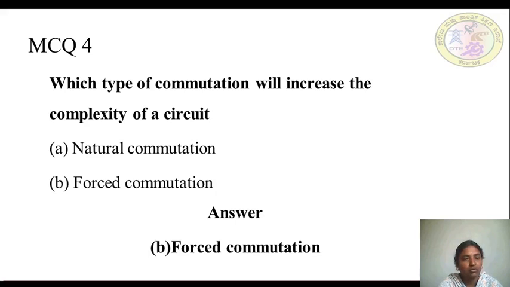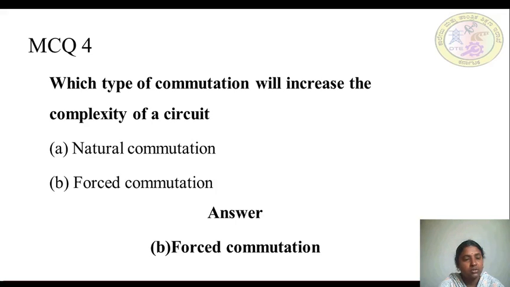But if we go with forced commutation, where external components have to be provided for turning off of an SCR, so we need the forced commutation method. Only due to these L and C components present in the circuit, the complexity of the circuit is going to increase in case of the forced commutation method.